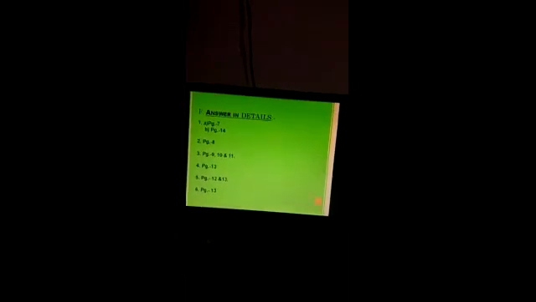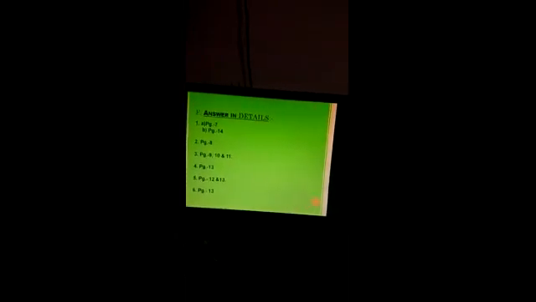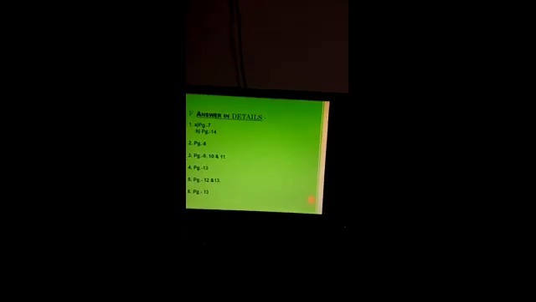Question number 5. Explain how Venus flytrap and pitcher plant trap insects and derive nutrition from them. Move to the page number 12.